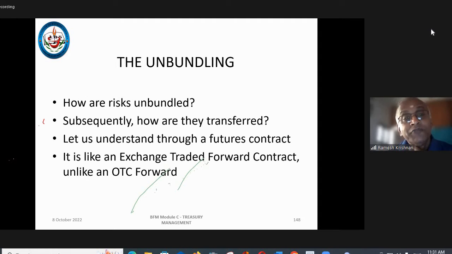Exchange traded means, earlier in a forward contract for December 24th, Bank of Baroda may give 82.50, Canara Bank may give 82.51, SBI may give 82.49. Like that, there could be small differences in the counterparty's quote.